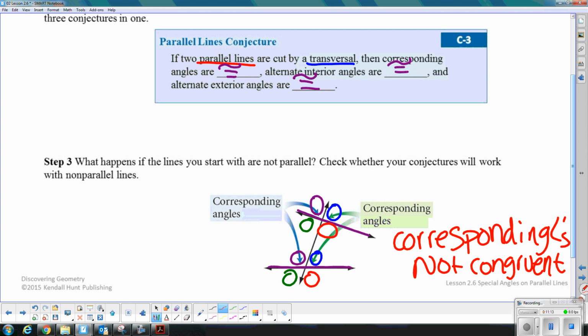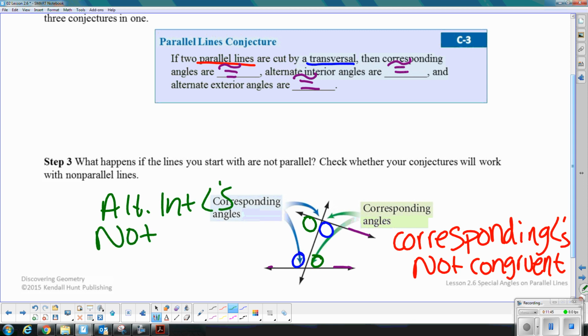And then we can say the same thing about the alternate interior angles. So here are alternate interior angles, not congruent. And here's our other set of alternate interior angles, not congruent. So if you don't have parallel lines, then your corresponding angles are not congruent, and your alternate interior angles are not congruent.